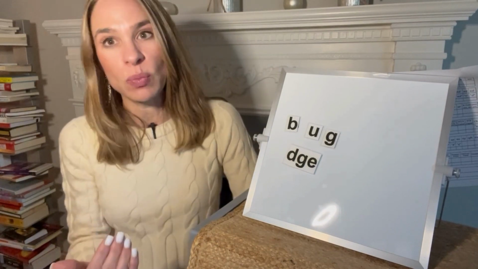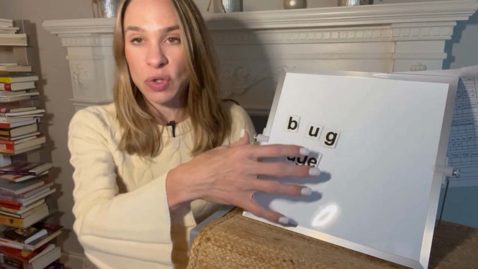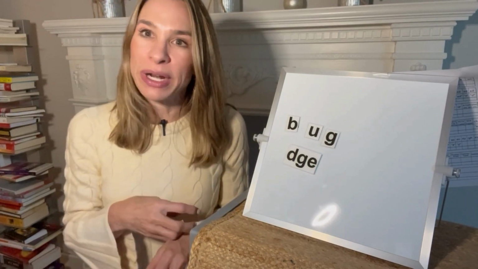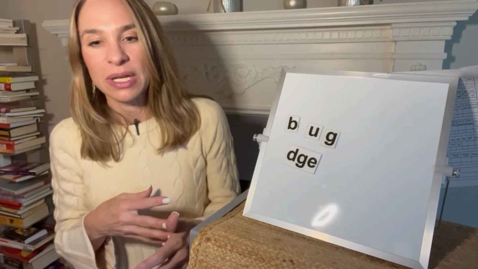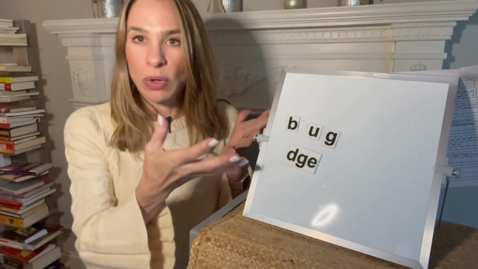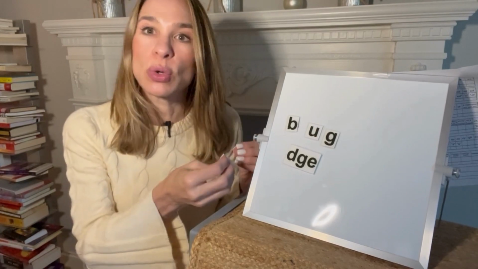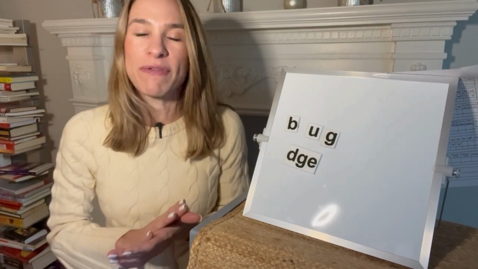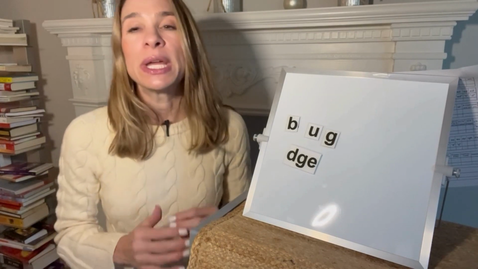So first we have them do the word budge, and then we do the word bug, and then we say, well, now we're going to add the J. So it's just providing them with a tactile and visual way to represent the rule, to make the rule out of another word. I wouldn't do this activity right off the bat, but it is something you can do to just make it more fun.